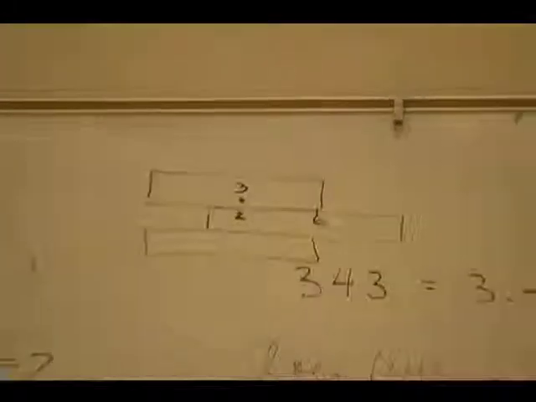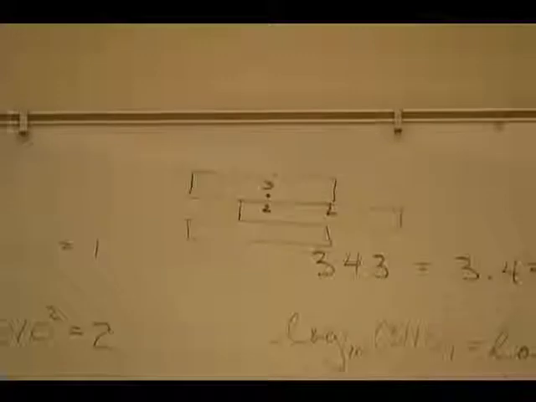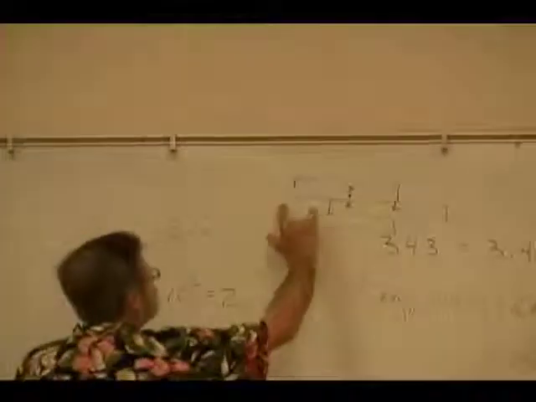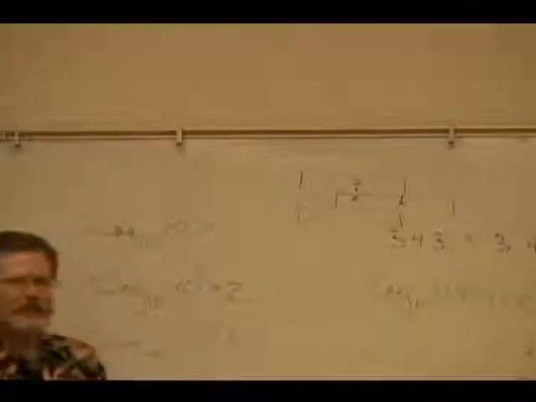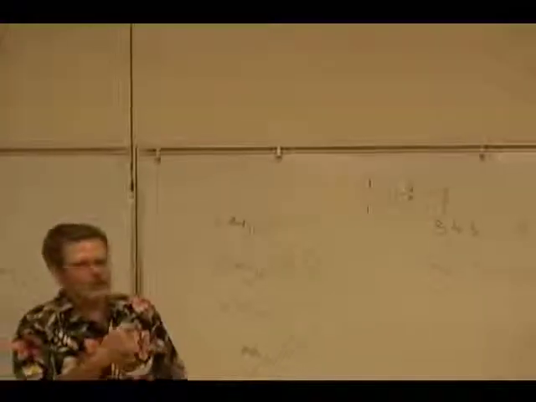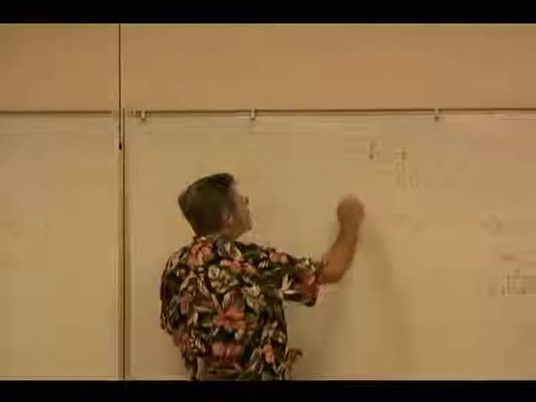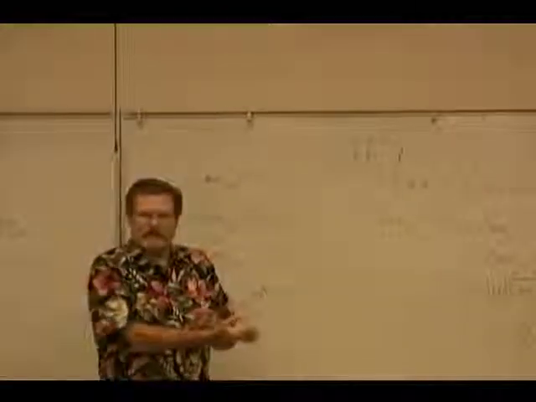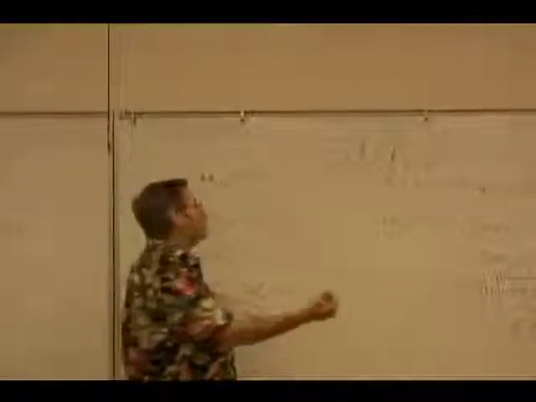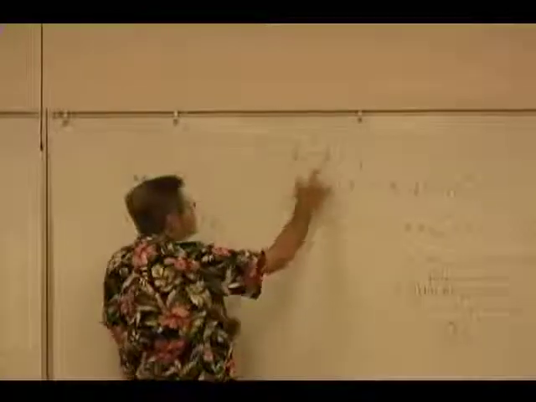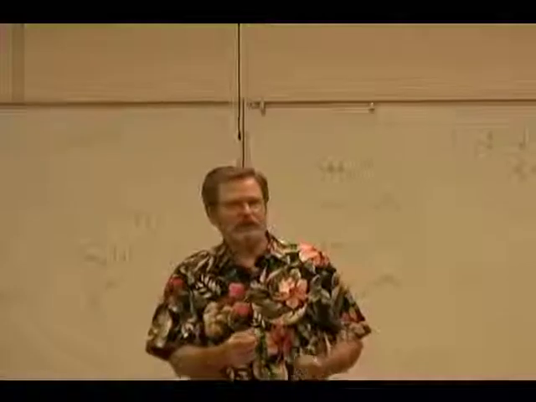Not too astonishing. But the slide rule is actually constructed so the 3 is at essentially the log 3 position. You don't call it log 3, you just call it 3. The 2 is at the log 2 position, and you physically, by moving the slide, add the log of 3 to the log of 2 to get the log of 6, because the log of a product is the sum of the logs.